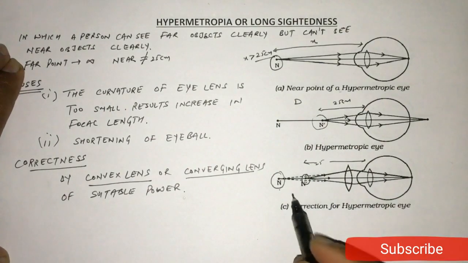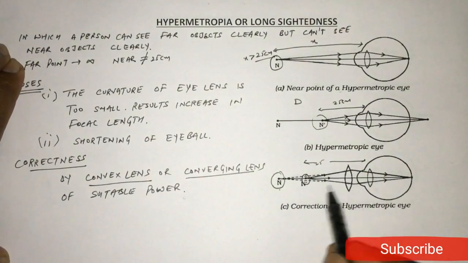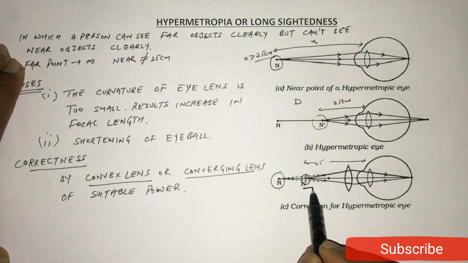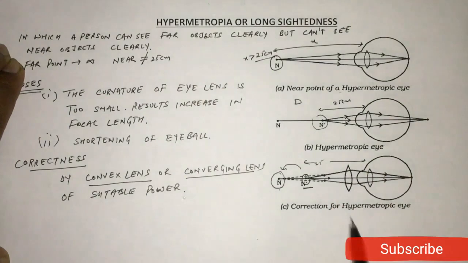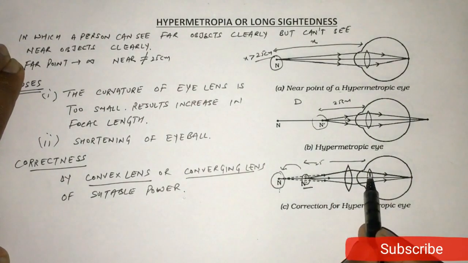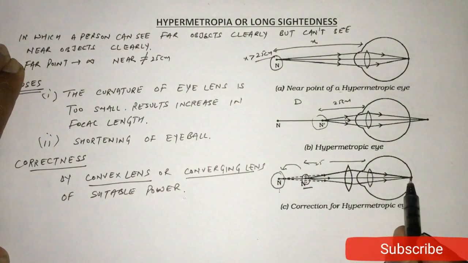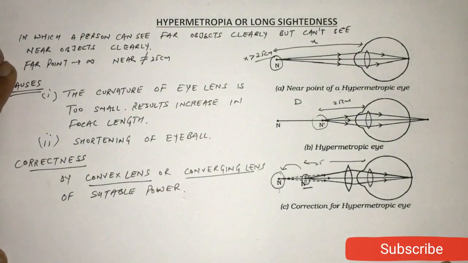So if this lens forms a virtual image of this object on the near point of this hypermetropic eye, in that case the light rays will converge at retina only. So by using a convex lens of suitable power, we can correct this hypermetropia.